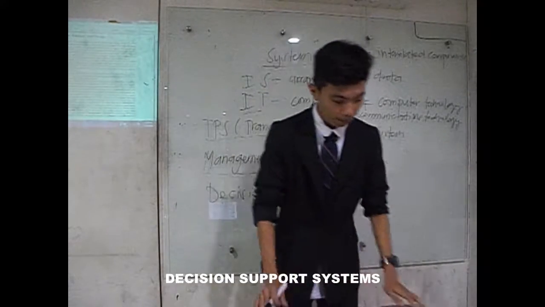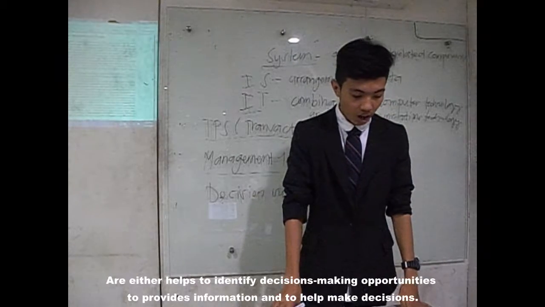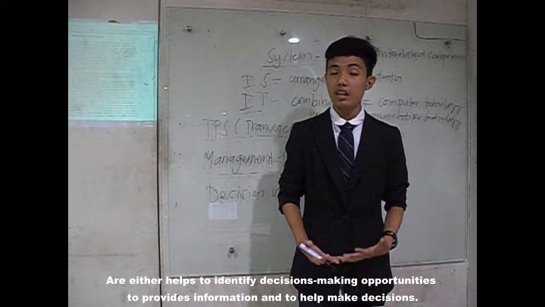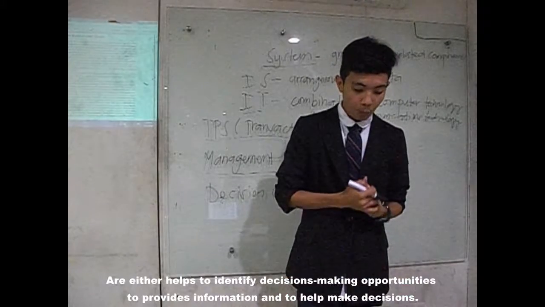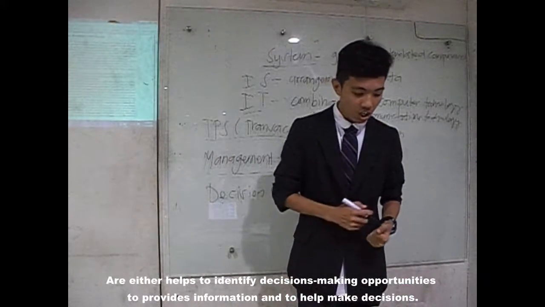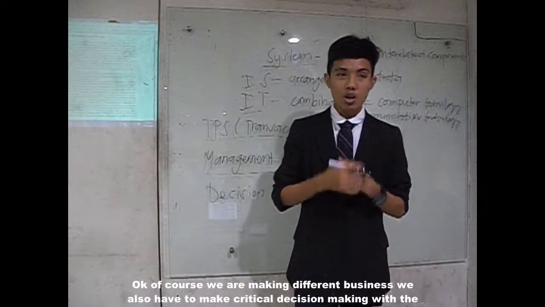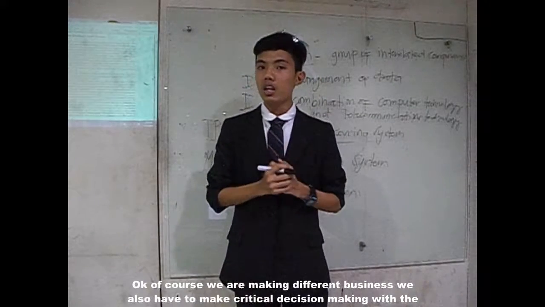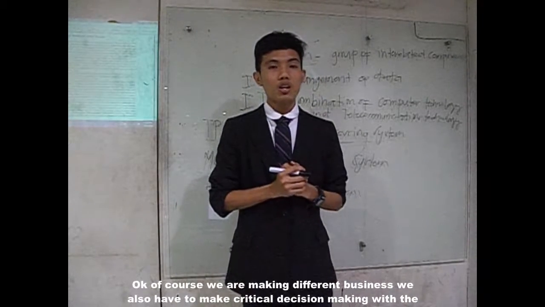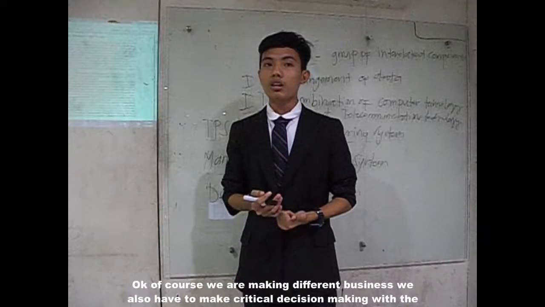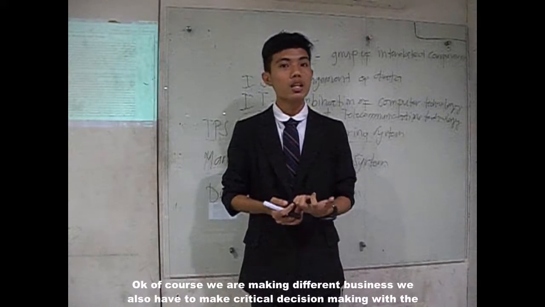Next system will be the DSS, or Decision Support System. Decision support systems help to identify decision-making opportunities, provide information, and help make decisions. Of course, we are running different businesses, and we also have to make critical decisions.